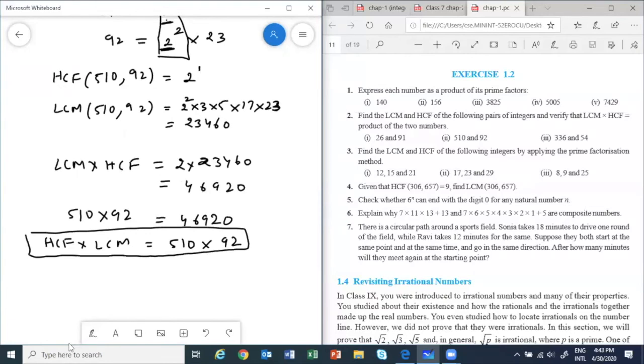Okay. See the next one. You have to find HCF, LCM of the following integers by applying the prime factorization. So first one is very simple, no?